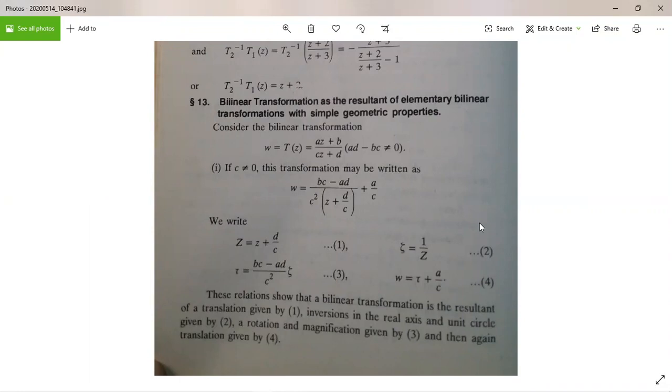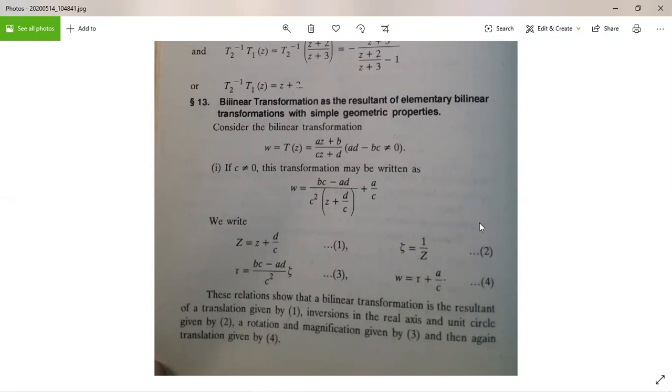Then we can write capital Z equals small z plus d by c, and zeta equals 1 by Z, and tau equals ((bc minus ad) by c square) into zeta. Then finally we can write omega equals tau plus a by c.